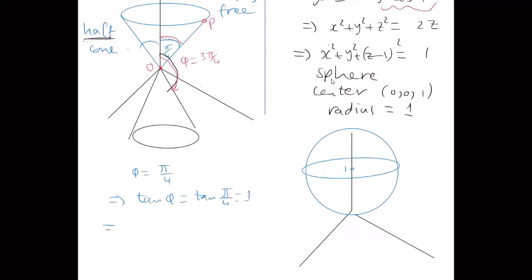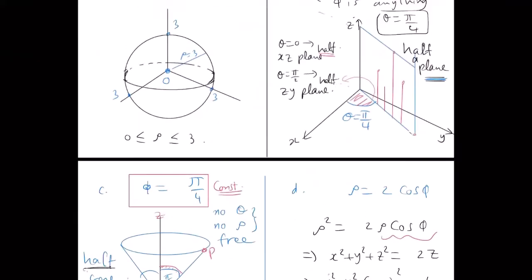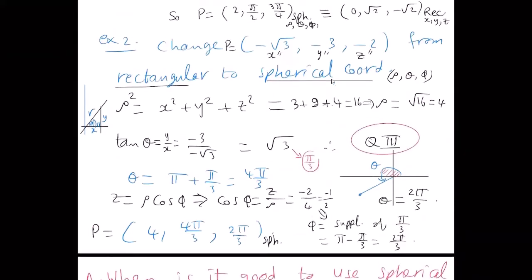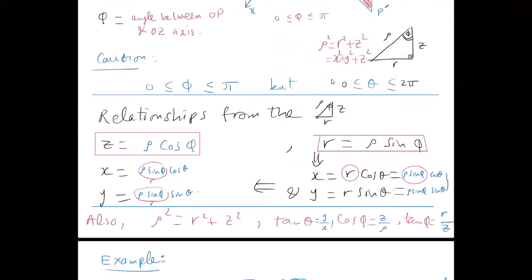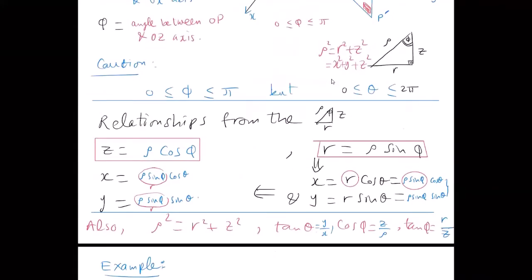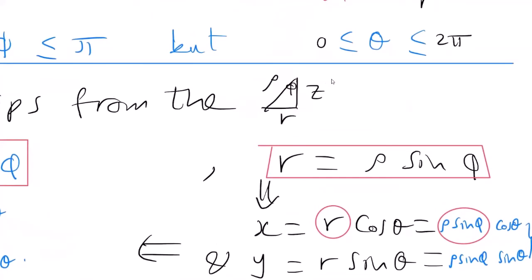What is tan phi? Let's go back to the original triangle. Here, what's tan phi? It's opposite over adjacent, so it's r over z.